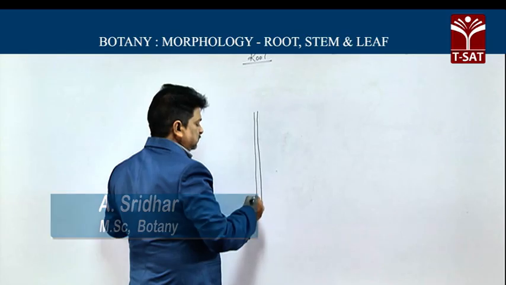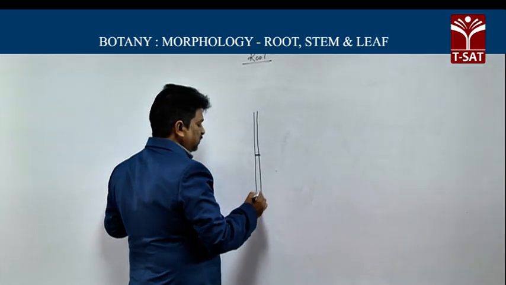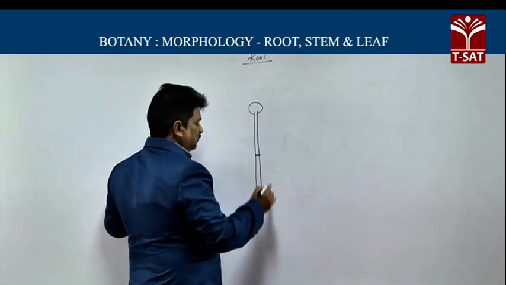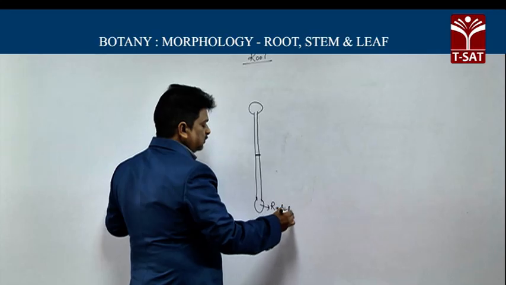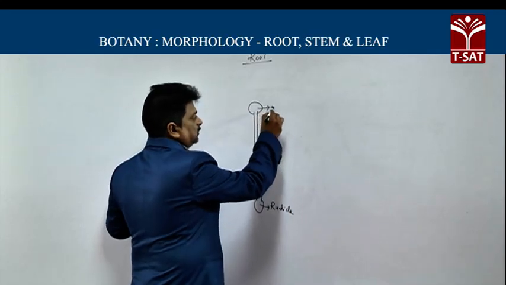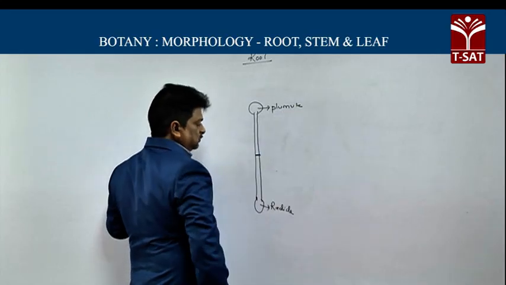Embryonic axis. This embryonic axis shows two buds. The lower side is called the radical, and the upper side is called the plumule.